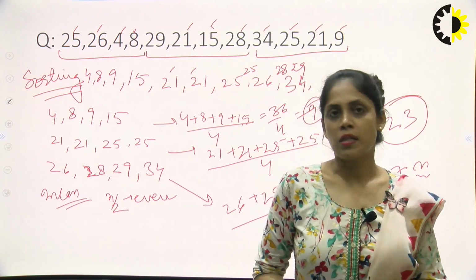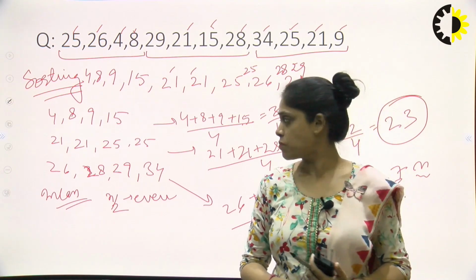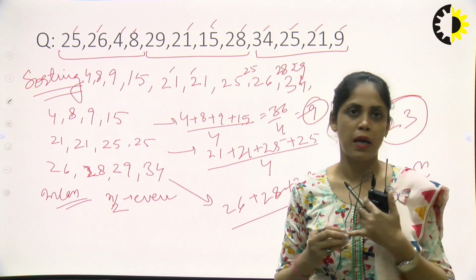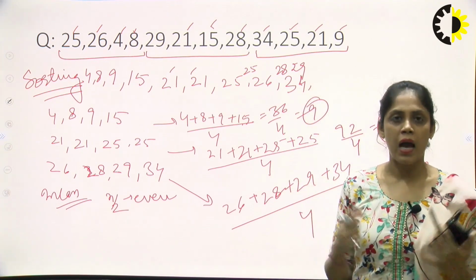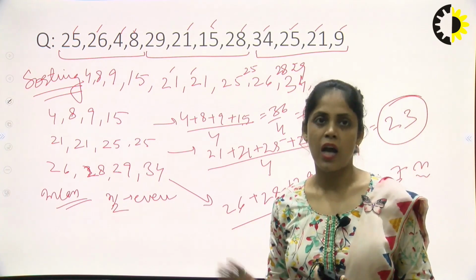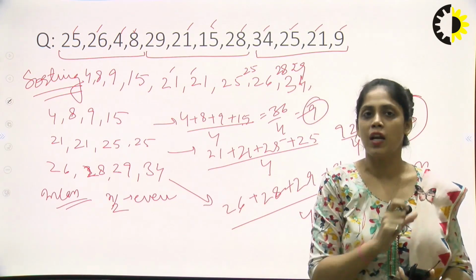Maybe with 3 items we can divide it into 4, or with 4 items we can divide it into 3. Next, we can perform smoothing by 3 methods. First one is by mean, in which we take the mean of all the terms. We add them and divide by the total number. It will give you the mean value, and you replace all the terms of that bin with that mean value.